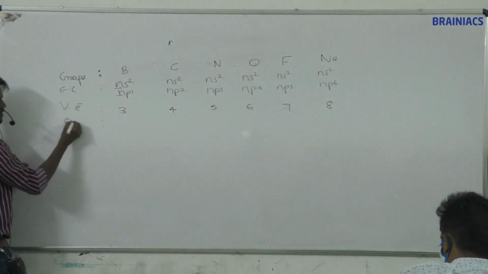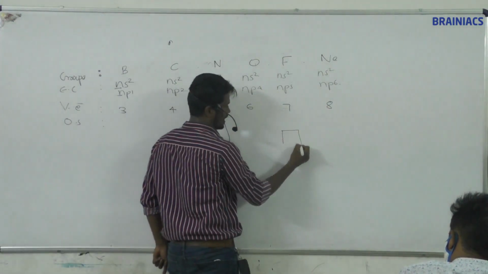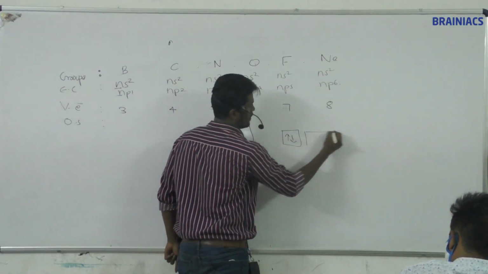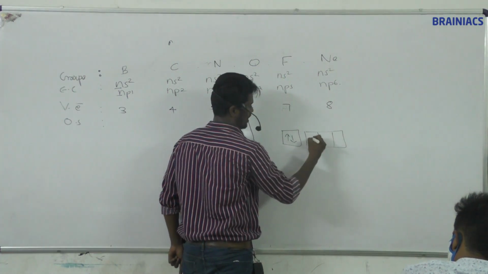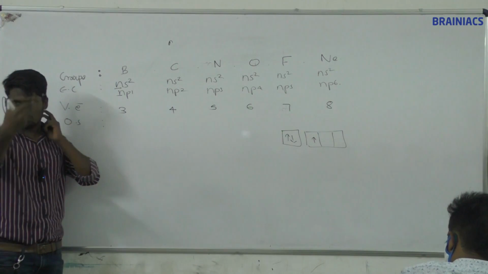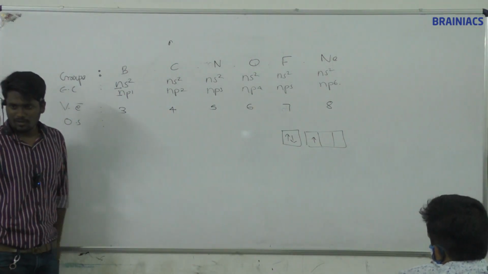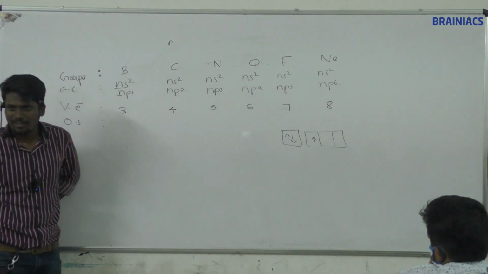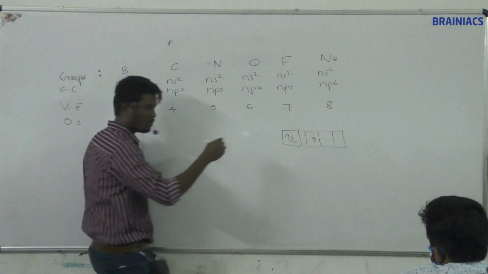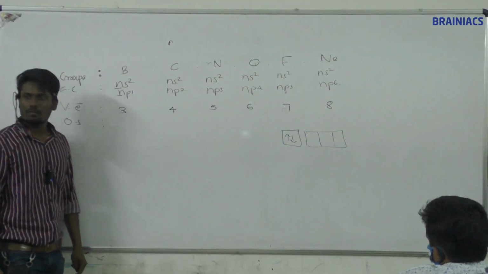What will their oxidation states be? Boron family, ns2 np1 ground state. What is the tendency, removal of 1 electron or addition of 1 electron? Removal of 1 electron, so plus 1.